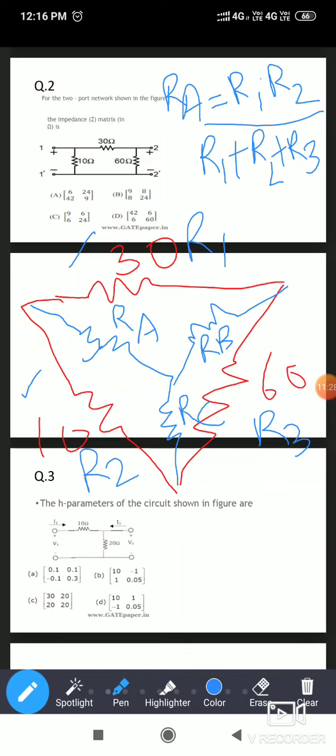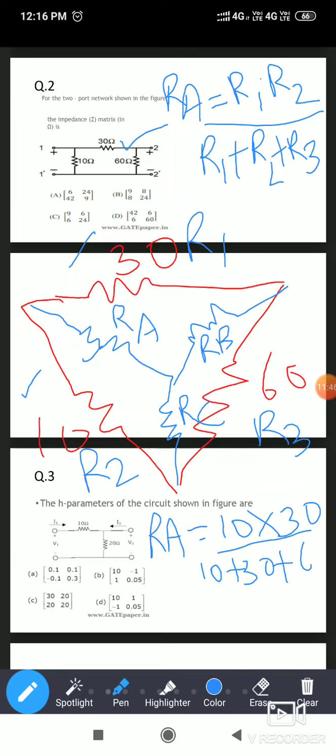Okay, so when you get this formula, simply put RA is equal to 10 into 30 divided by 10 plus 30 plus 60. So it is 300 divided by 100. So that will give us RA is equal to 3 ohm.